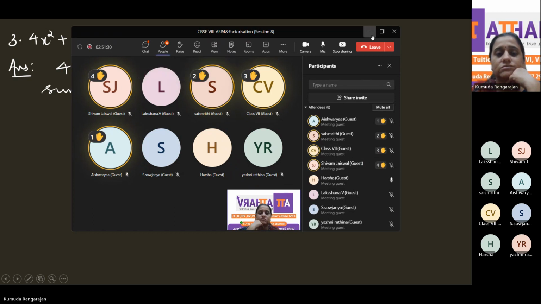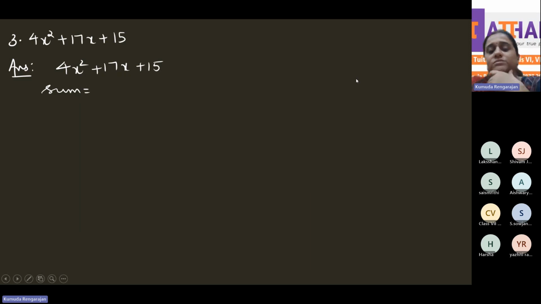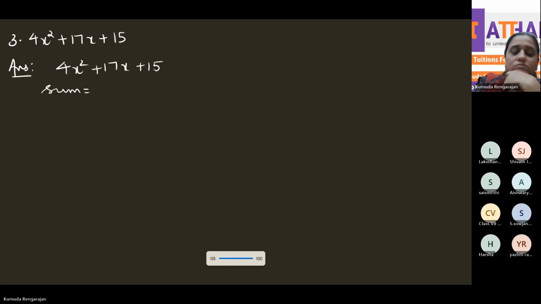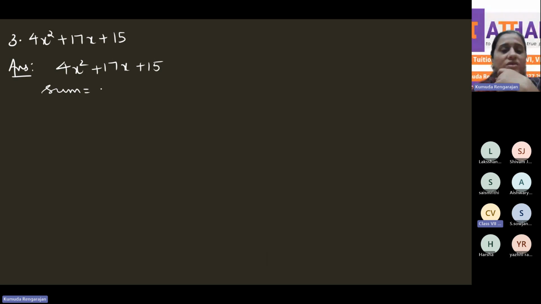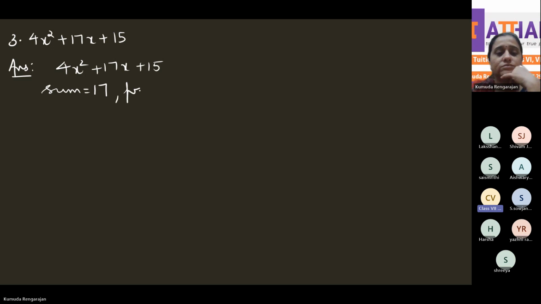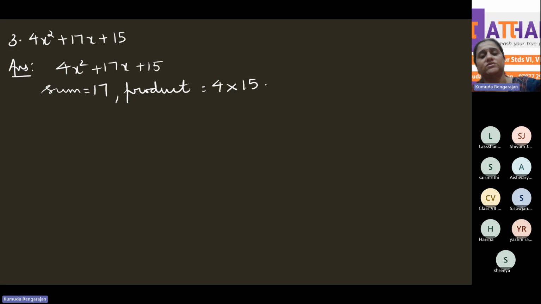Harsha. Surya. Ma'am, 17x. No, just 17. Fine. Yeah. What's the product? Surya, what's the product? 4 into 15. Very good. So 4 into 15 is 60, right? Yeah.